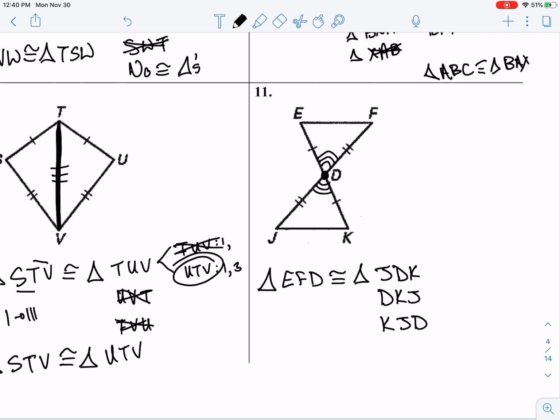Okay, so E to F has no marks. F to D has 2. And then I finish up with an angle that has 3. So 0 to 2 to my angle with 3.